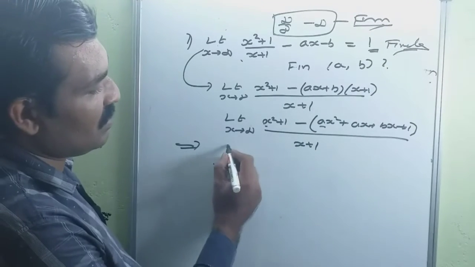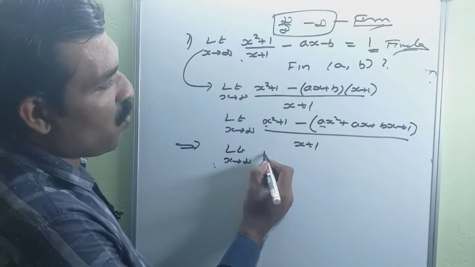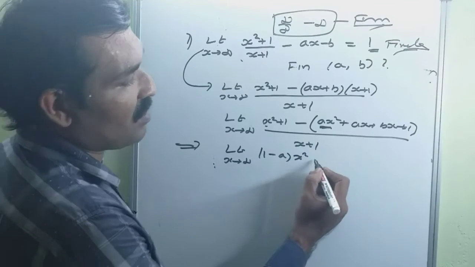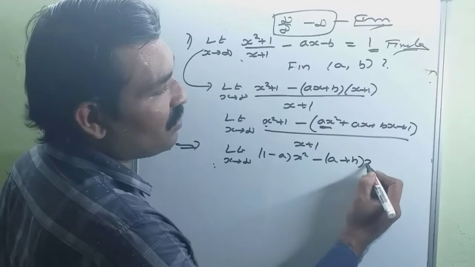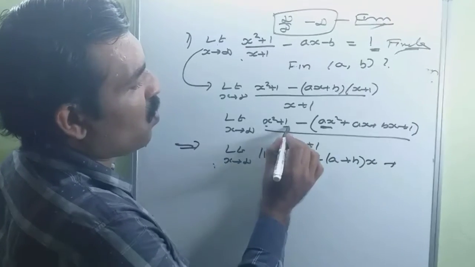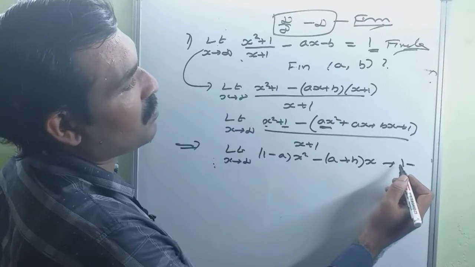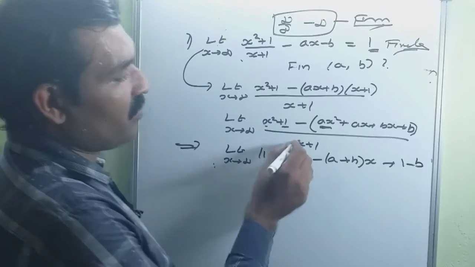Right. We get limit x tends to infinity 1 minus a into x square minus a plus b into x plus 1 minus b, the whole divided by x plus 1.